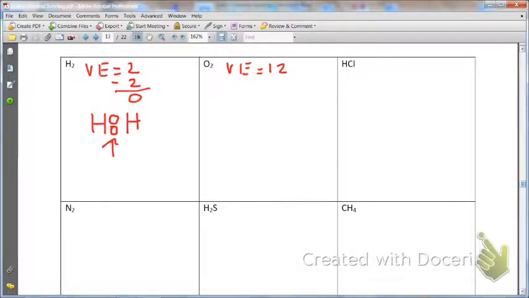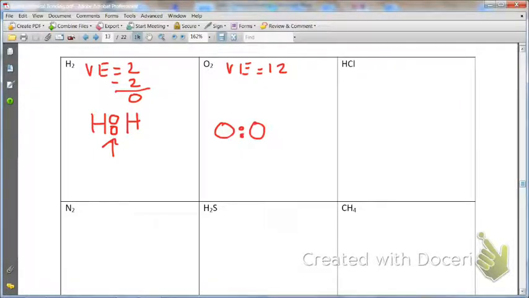Step 2 says determine the central atom, the one that needs the most electrons. Well, oxygen, there are 2 of them, so they both need the same number of electrons, so oxygen is our central atom. Step 3 says let's make a covalent bond between the rest of the atoms by using dots, and so the only other atom left is another oxygen.